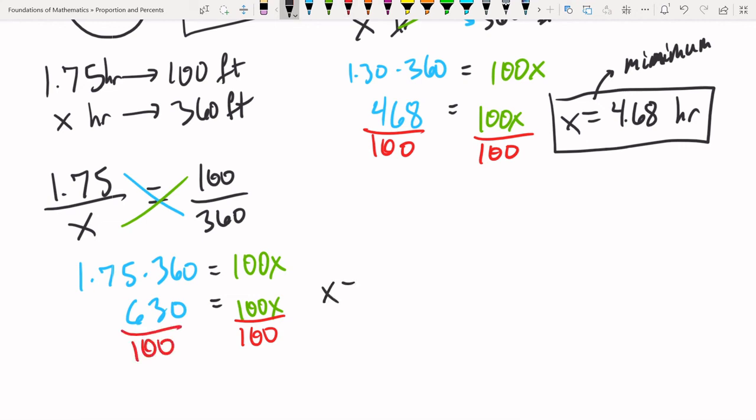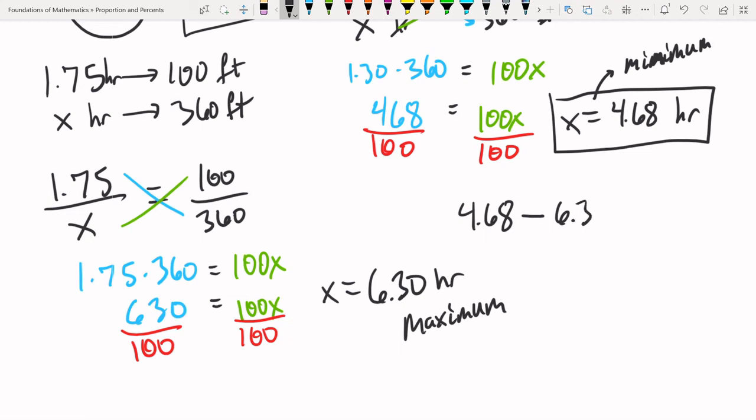And we get x equal to 6.30 hours as a maximum, which means it's going to take 4.68 to 6.3 hours per 360 linear feet.